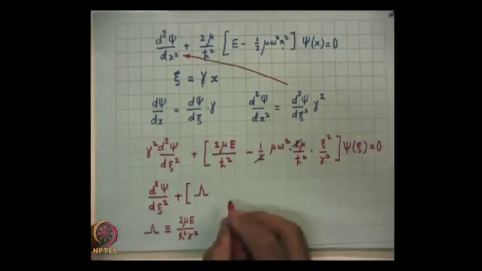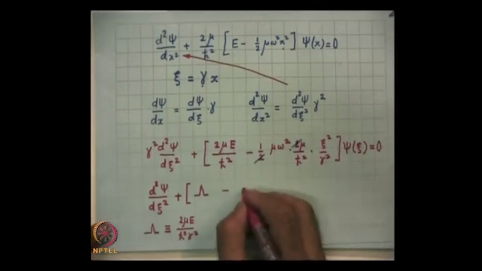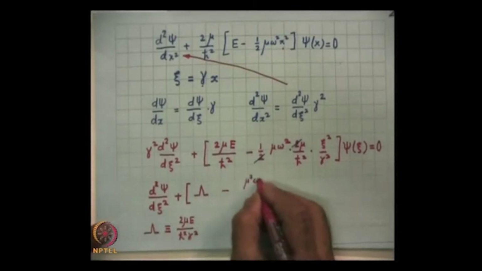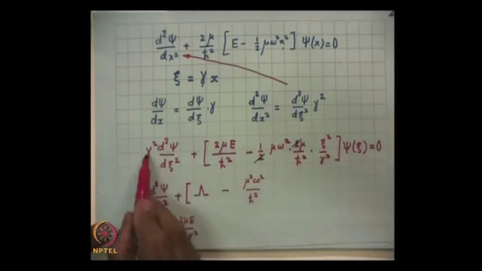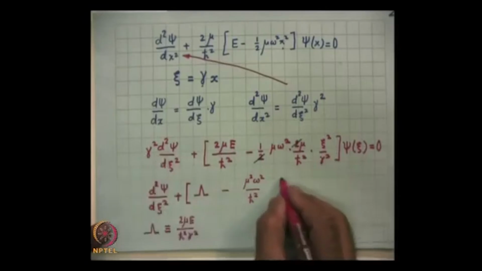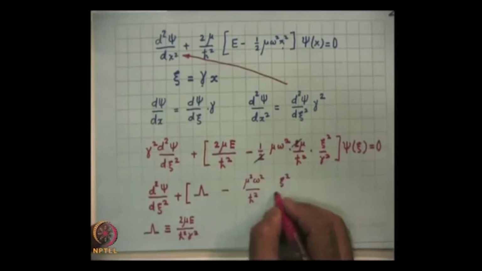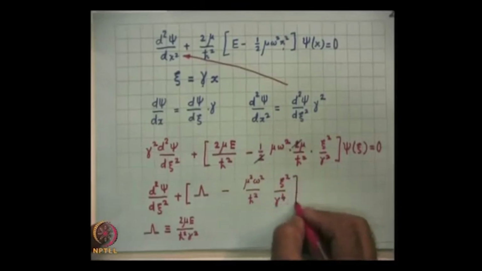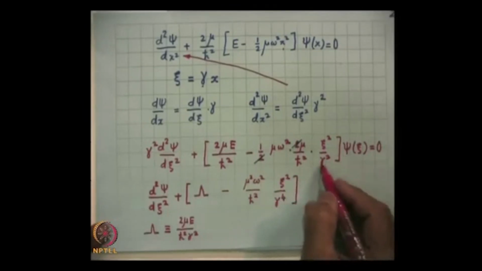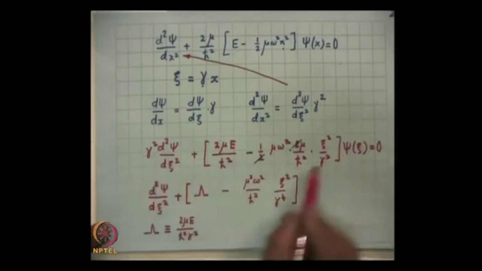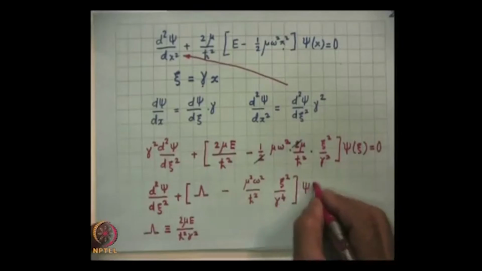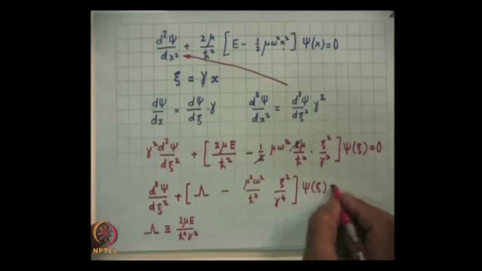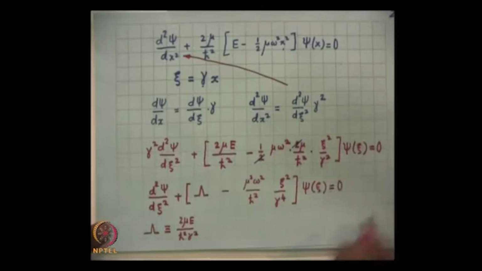So, this will be lambda minus mu square omega square by h cross square. Then gamma square comes here, so it will be xi square by gamma to the power of 4. There is already a gamma square here, so I multiply this by gamma square and it becomes gamma to the power of 4. So, this multiplied by psi of xi is equal to 0.